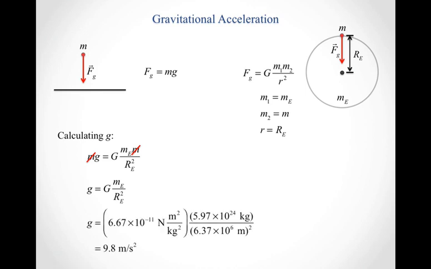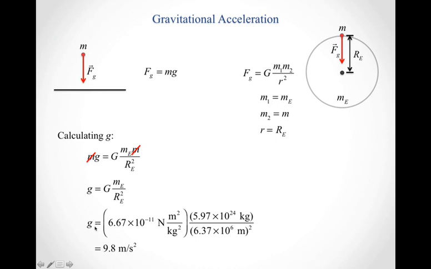If I plug in those values, big G is 6.67 times 10 to the negative 11, the mass of the Earth is 5.97 times 10 to the 24th kilograms, and the radius of the Earth on average is 6.37 times 10 to the 6 meters. I calculate little g to be 9.8 meters per second squared.